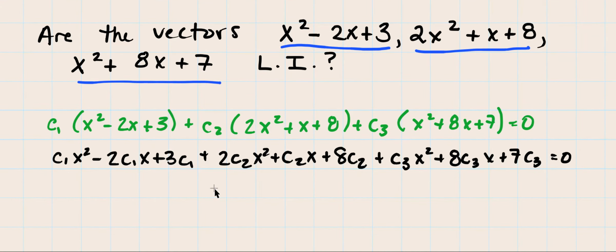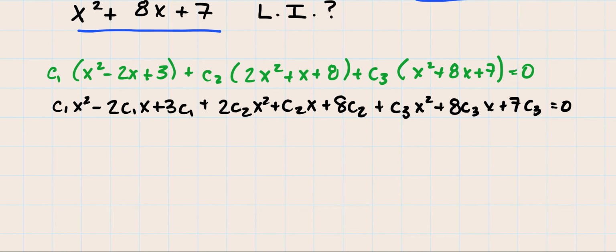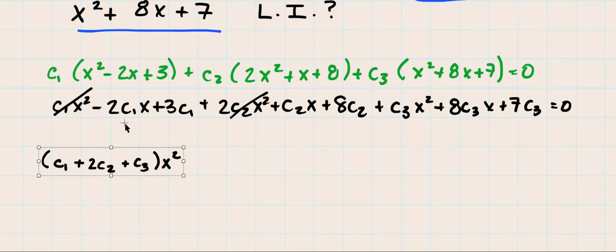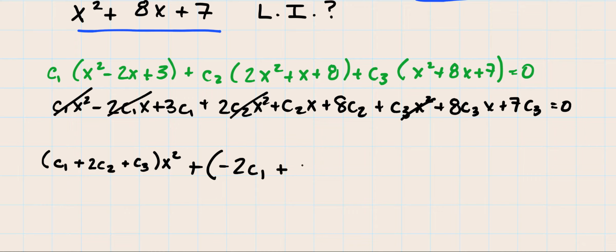Okay, now group them and factor out x squared. So let's get everything with an x squared: c1 plus 2c2 plus c3, times x squared. Then everything with an x: negative 2c1 plus c2 plus 8c3.